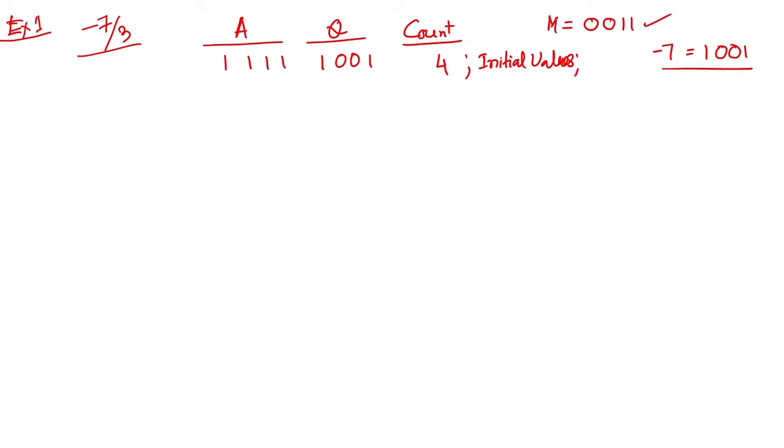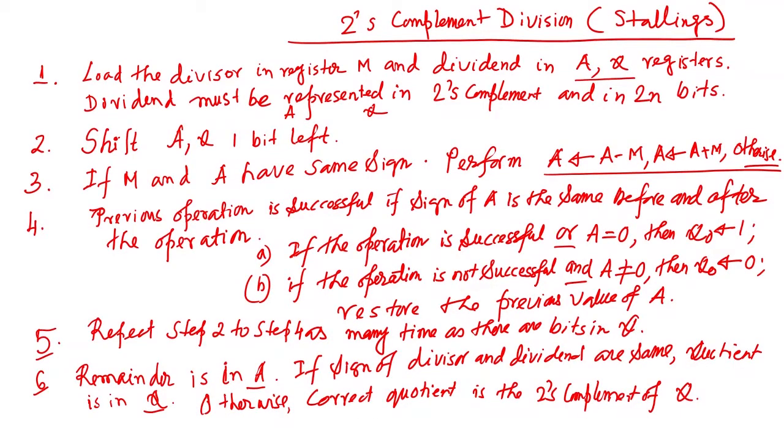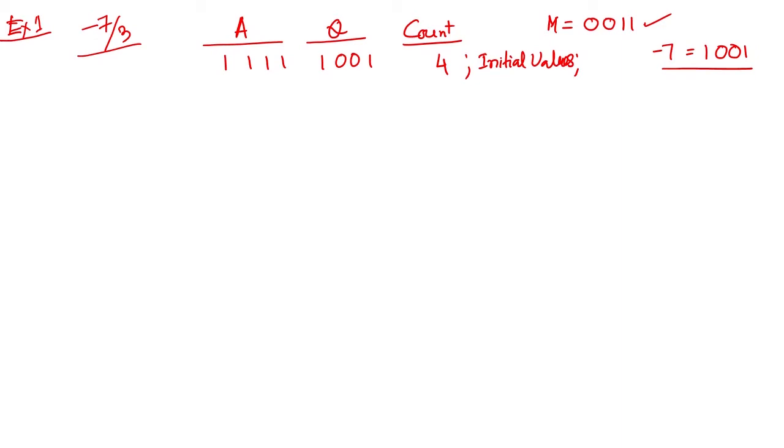Then what is next? If you go back here, the first step is completed: the dividend must be represented in 2's complement in 2n bits. Now, shift AQ one bit to the left. So you shift on the left side.